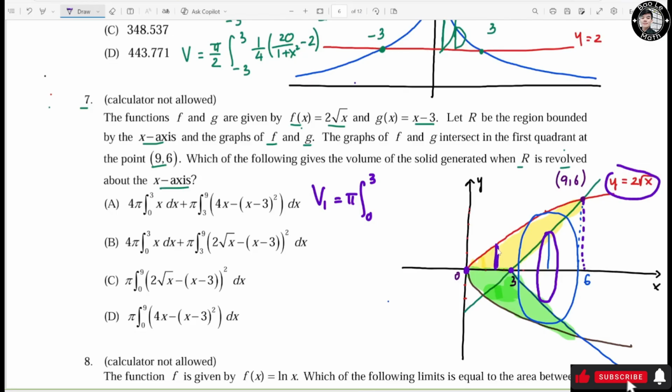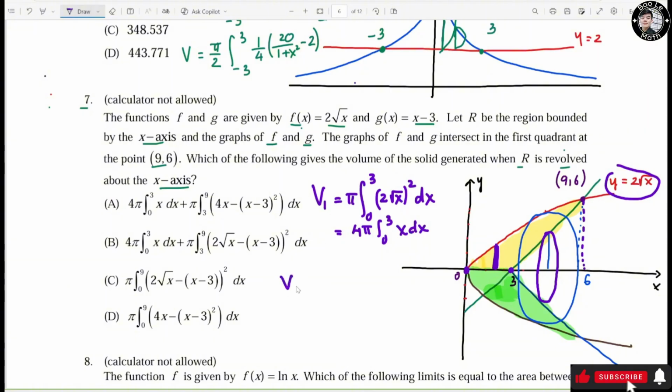This is the radius, so it's 2 square root of s subtract 0, which is 2 square root of s, and then you square it, ds. So it's going to be 4 pi times the integral from 0 to 3 of square root of s squared, which is s, ds. So we're done with this one.